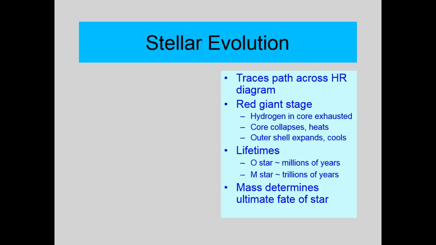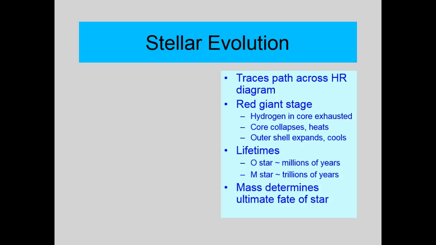Because the outer shell, remember, is not where fusion was happening. This is the radiation zone and the convection zone. This is expanding now because of the heat in the core, but when it expands that much and no new fusion is happening, it's cooling. And as it cools, it drops in its spectral type from, say, blue or yellow or whatever down to red. So when it cools, it becomes that.